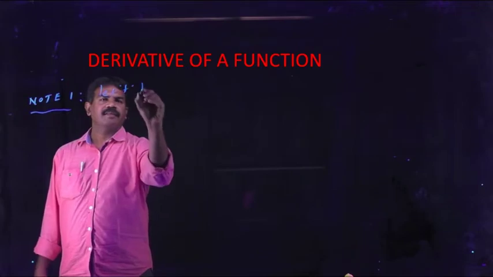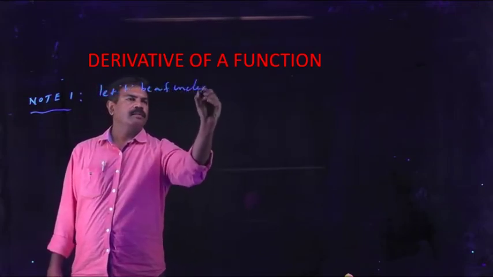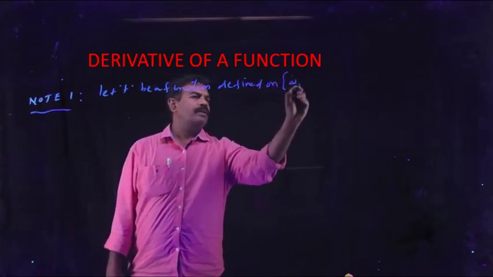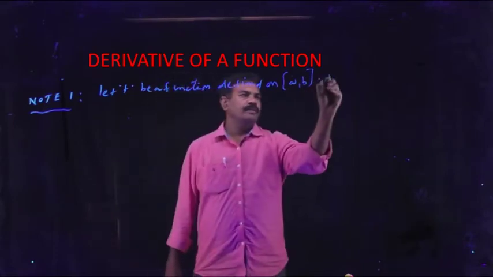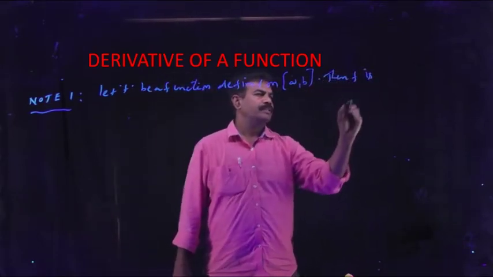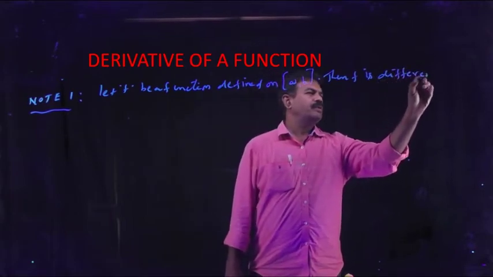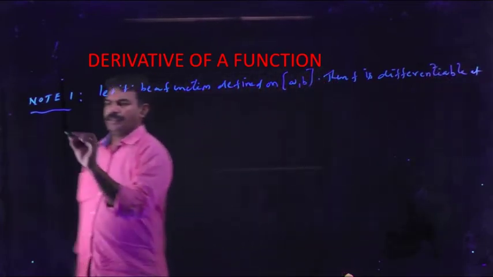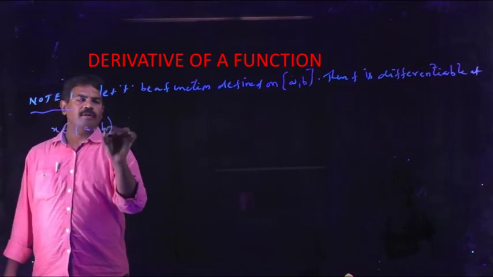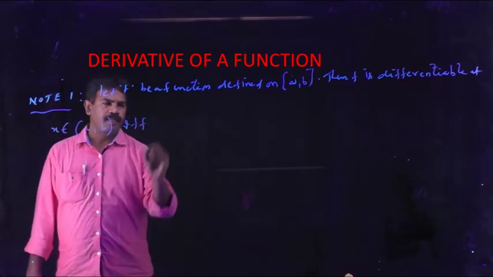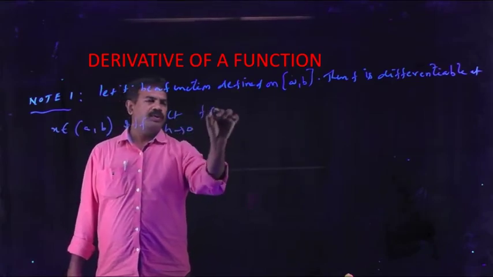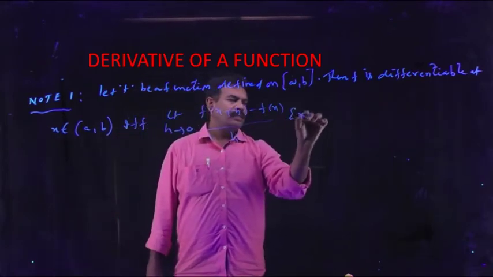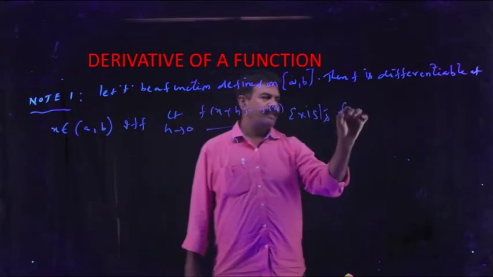Note 1. Let f be a function defined on closed interval a comma b, then f is differentiable at x belongs to open interval a comma b if limit h tends to 0 of (f(x plus h) minus f(x)) by h exists finitely.